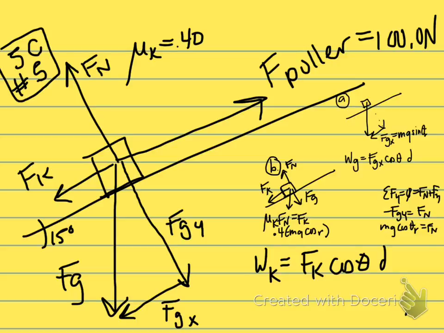So you get the work that way. And the pull is easy because it's given to you. Work of the pull is equal to the force of the pull times cosine theta. In that case, the theta for that is 0 because they're in the same direction. And you have the distance that it moves.